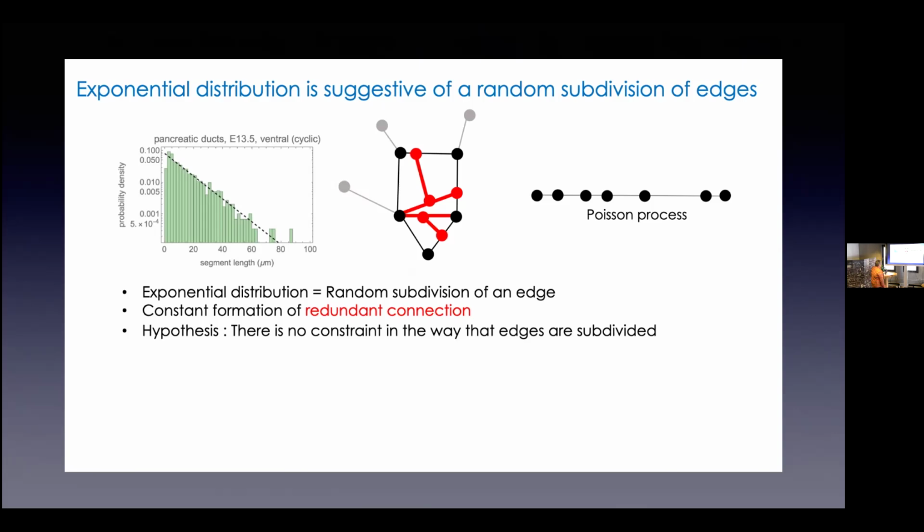That would indicate that there are no constraints. It's just subdividing edges, growing one tip into another tip, willy-nilly, without any specific guidance during this stage, and then adaptation would kick in later.